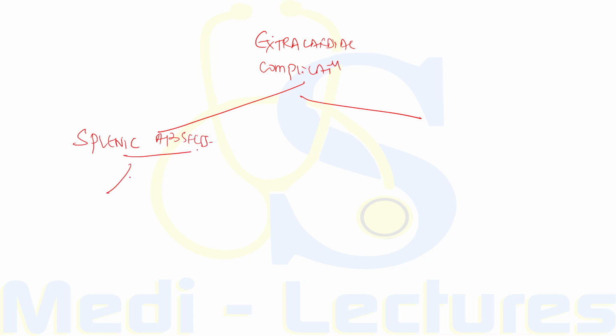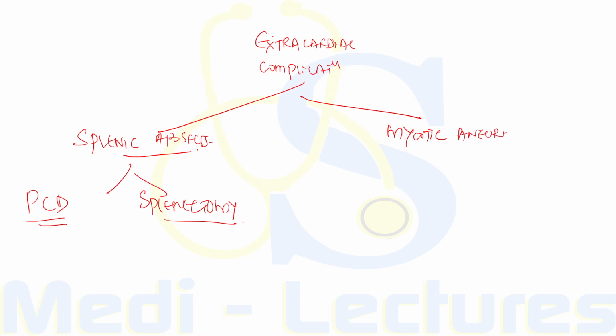For treatment of which we can either do percutaneous drainage or splenectomy. For mycotic aneurysm, which is the second important extracardiac complication, this mycotic aneurysm can form either intracerebrally in cerebral arteries or extracerebral.